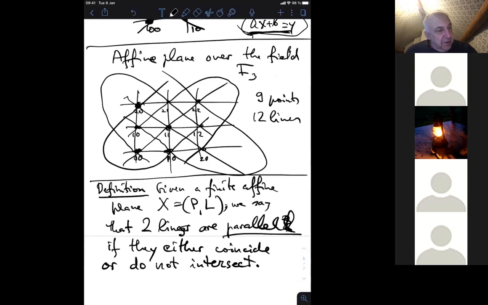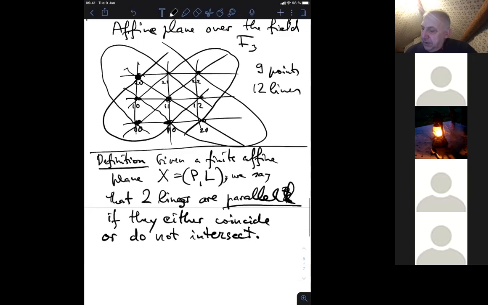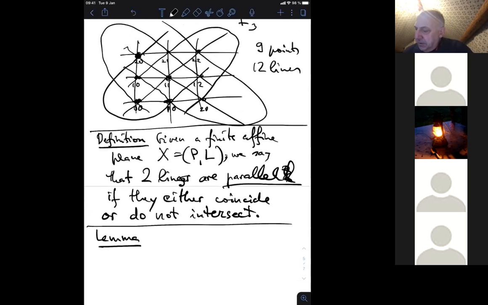Now a small lemma says that being parallel is an equivalence relation among lines. What does it mean?